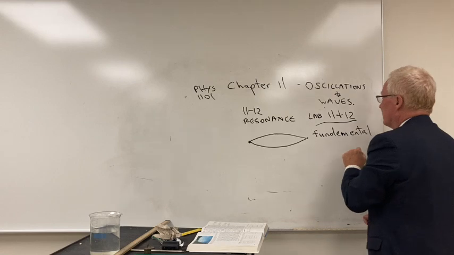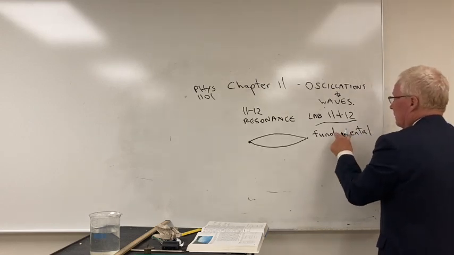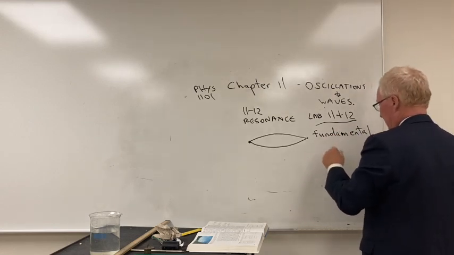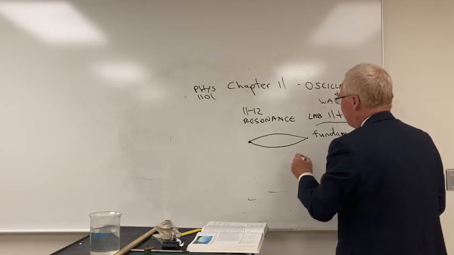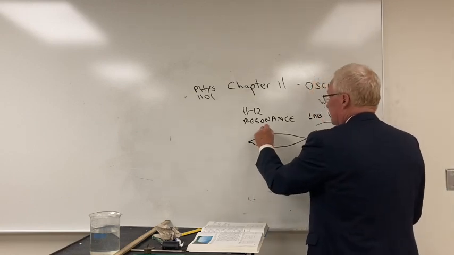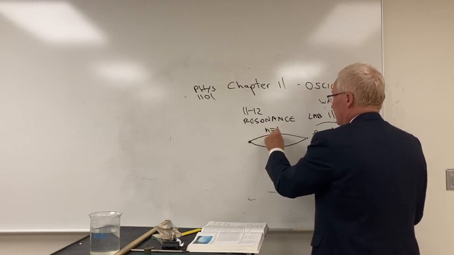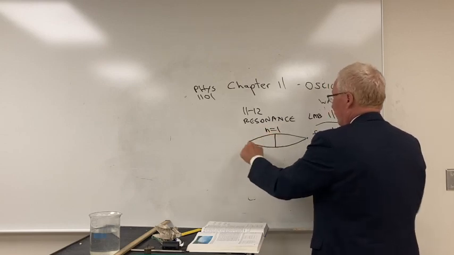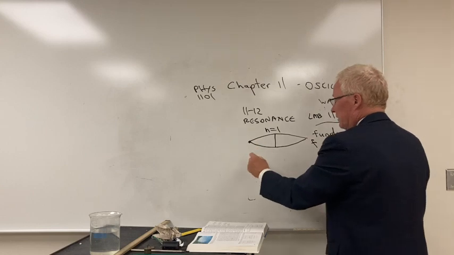Never sure if I get that spelled right, fundamental. Anyway, the next one, so this has n equals 1, so it has one antinode. We don't count the nodes at the ends.